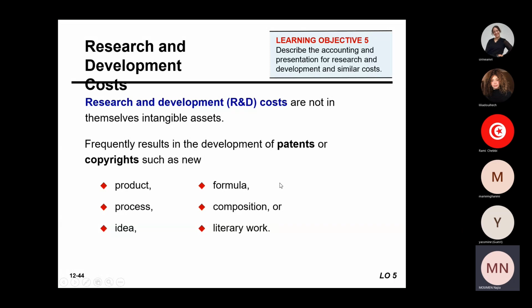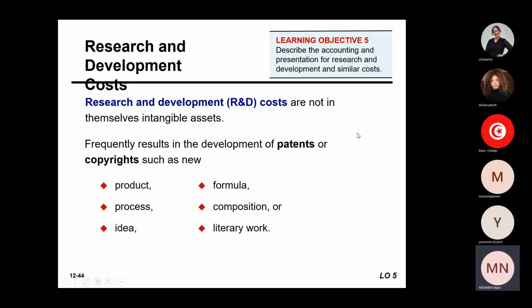For example, if you assume that we internally generated a patent, the cost that we incurred in the process of developing that patent should be reported, some of it as expenses, and others will be capitalized. But what will be reported as patents will be maybe the legal fees that we incur in defending that patent, etc.